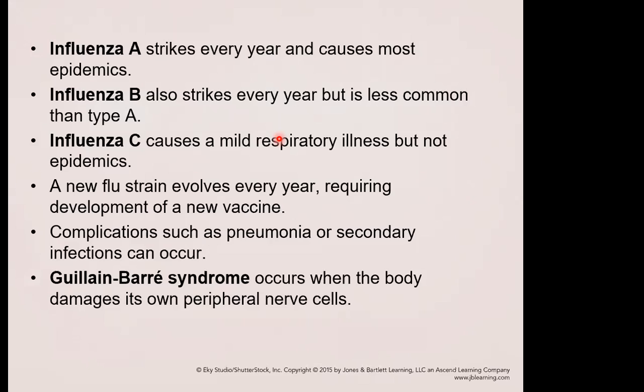This Guillain-Barré syndrome, I think I'm pronouncing that correctly, maybe not. So this is where you have an influenza infection, but your immune system targets your own cells instead of the influenza virus.